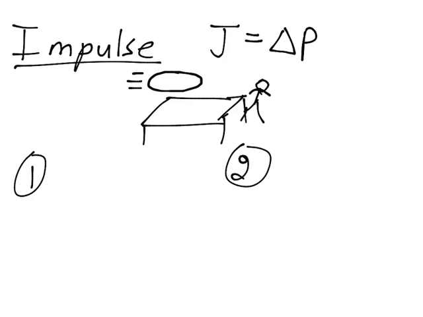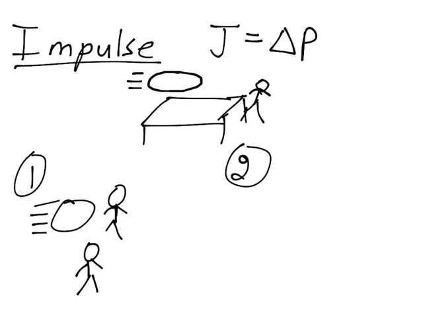Okay, so hopefully you've thought about what your options are. There's sort of two main options that you can do. One option would just be to, say, get a bunch of your friends and have all your friends apply force to the giant air hockey puck.